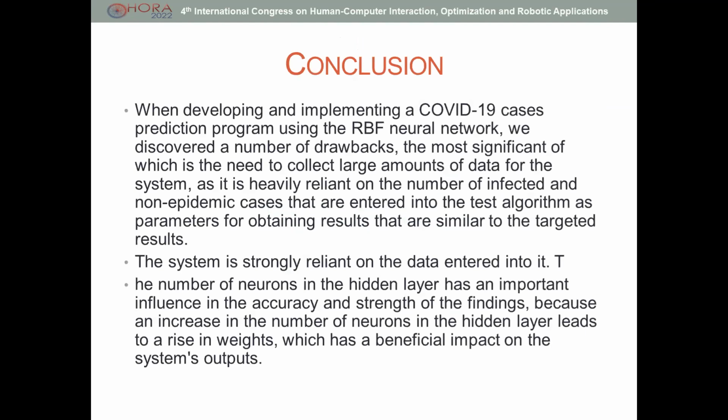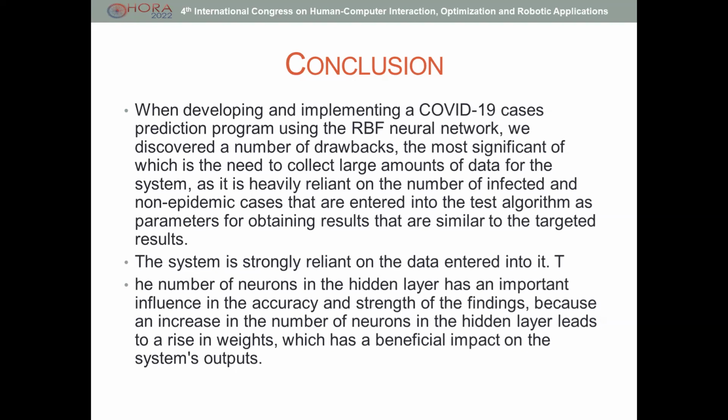Okay. When developing and implementing the COVID-19 cases prediction program using the RBF neural network, we discovered a number of drawbacks. The most significant is the need to collect a large amount of data for the system, which is very difficult in our Iraq.